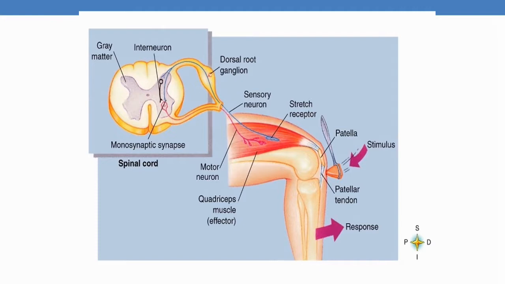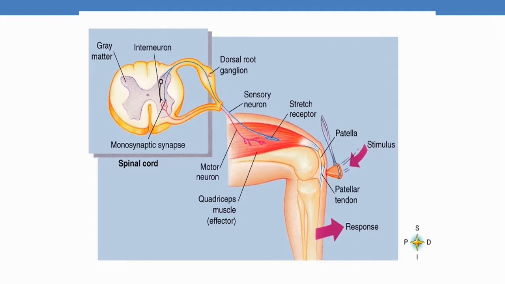So the peripheral process picks up this rapid stretch of a muscle, which is the quadricep muscle, and it depolarizes, and it sends an action potential up this peripheral process to the nerve cell body at the dorsal root ganglion, and then continuing on now through the central process up into the dorsal horn of the spinal cord.